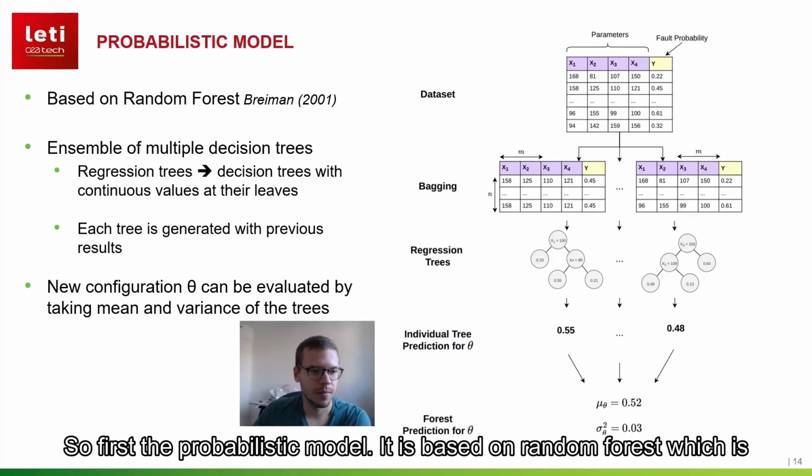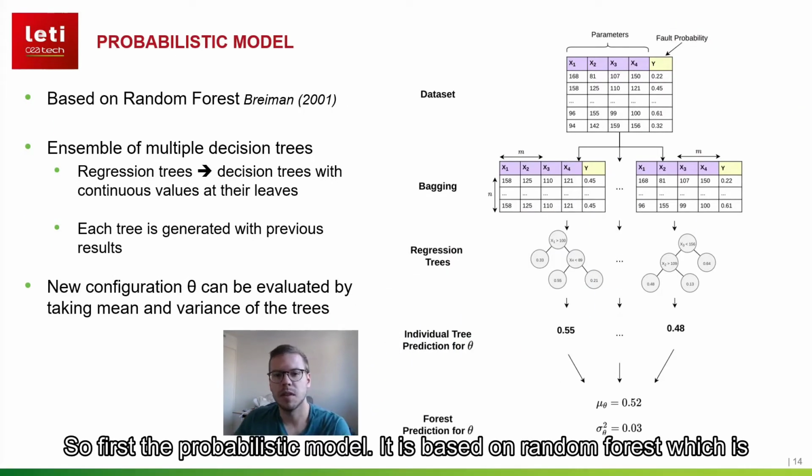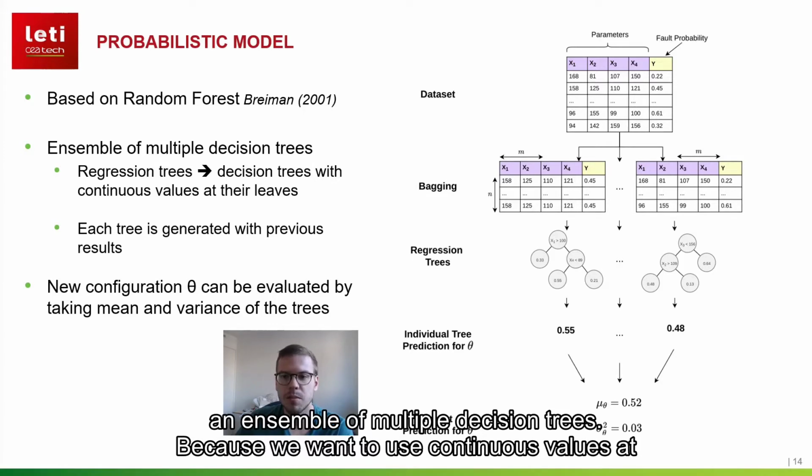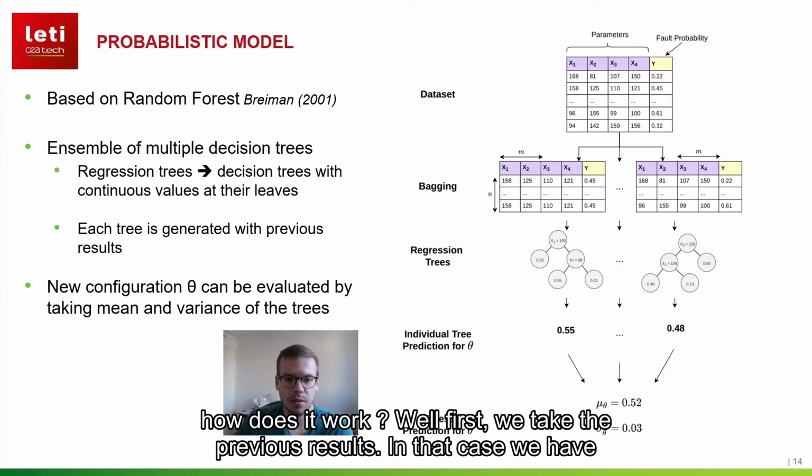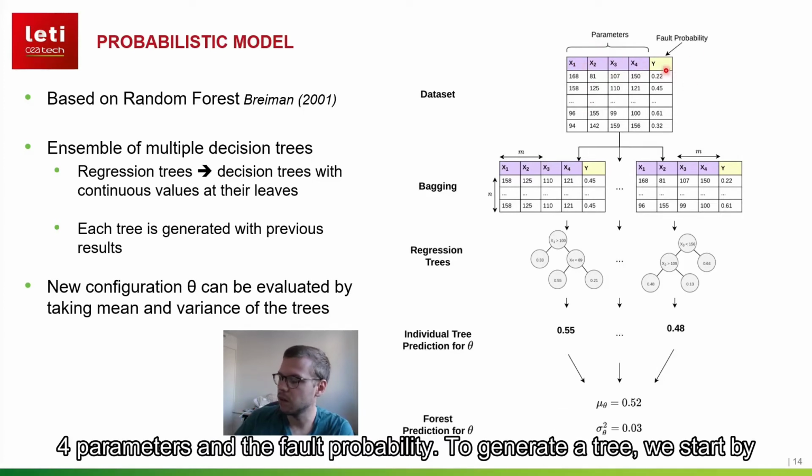So first, the probabilistic model. It is based on a random forest, which is an ensemble of multiple decision trees. Because we want to use continuous values as the leaves of the trees, the decision trees are called regression trees. So how does it work? Well, first we take the previous results, in that case the 4 parameters and the fault probability.